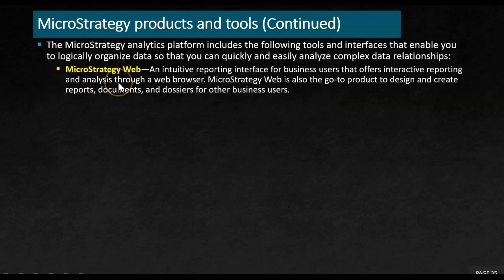From MSTR Web, you can create dossiers, documents, and reports. You can use predefined report templates or create from scratch. You can even create attributes, metrics, filters, prompts, and there is a lot of functionality you can perform through MSTR Web only.